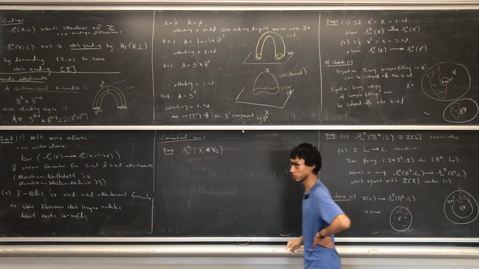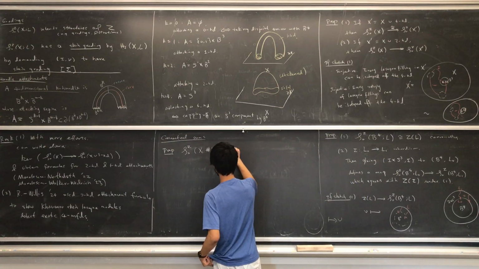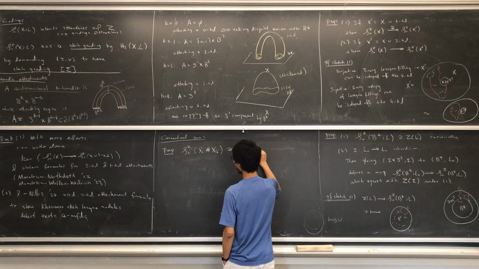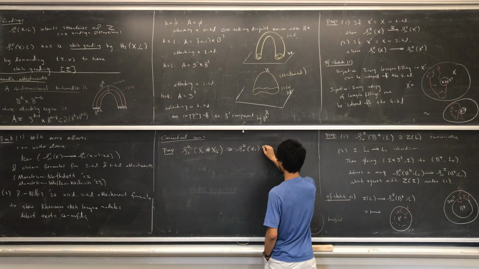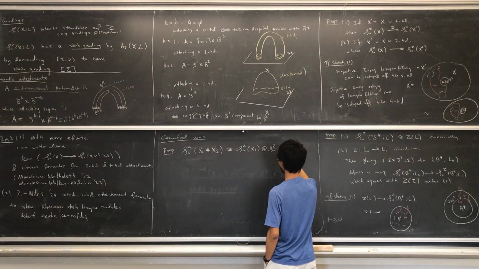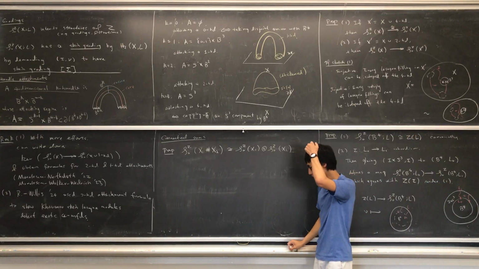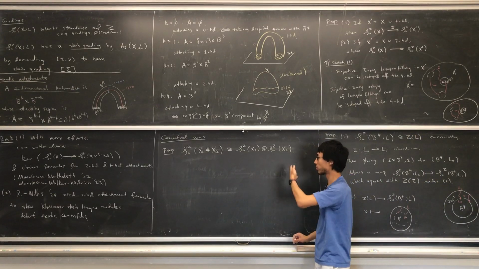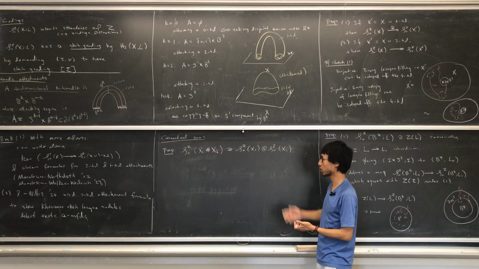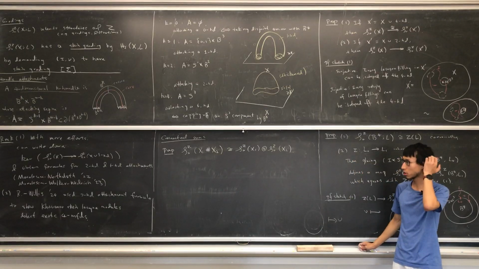And it turns out skein lasagna modules behave in quite a boring way with respect to connected sums. Namely, if you take the connected sum of two manifolds, the skein lasagna module of that breaks into the tensor product of the skein lasagna modules of the factors. Well, this may be good or bad depending on your taste. For example, in Seiberg-Witten theory, you certainly don't have such formulas.